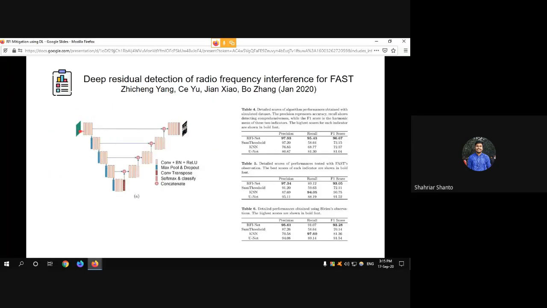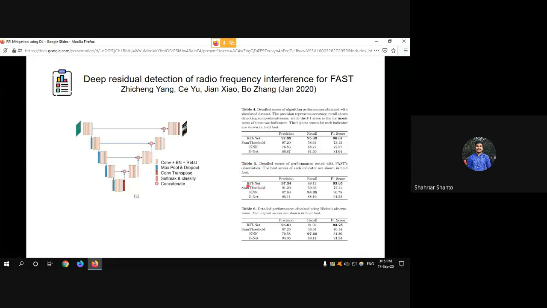So they used a similar technique and they gained a very good F1 score for FAST, the Five-hundred-meter Aperture Spherical single dish telescope data. And this was actually observation, meaning the real observation data.